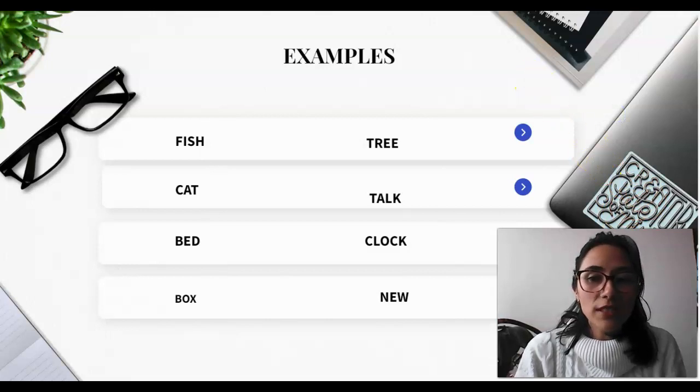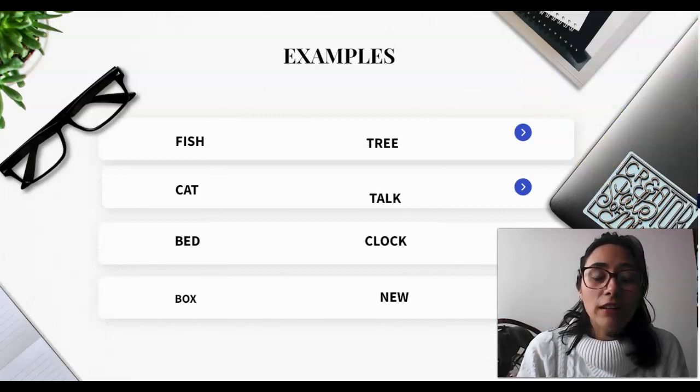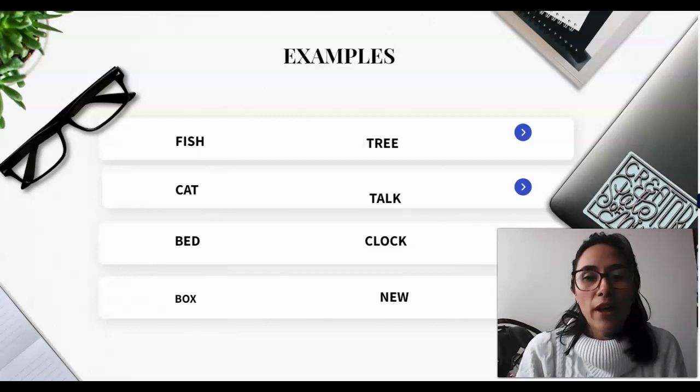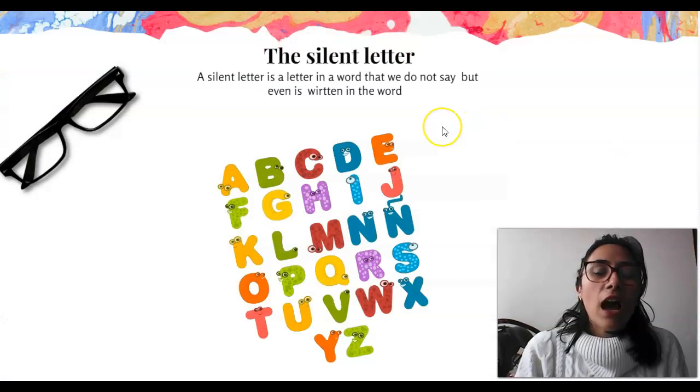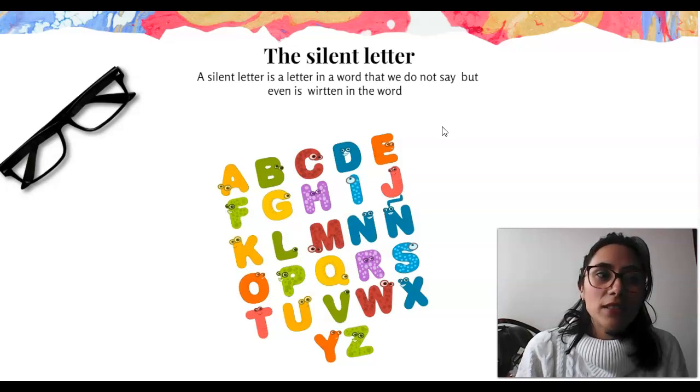This is one of the rules you have for pronunciation. Look at the others. A silent letter is another rule. A silent letter is a letter in a word that we don't say, even though it is written in the word. Some letters are in the writing, but you don't say them.